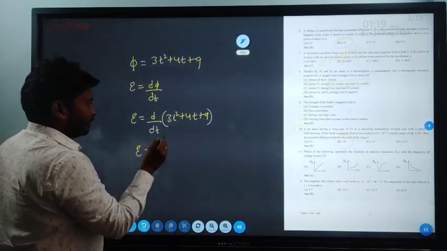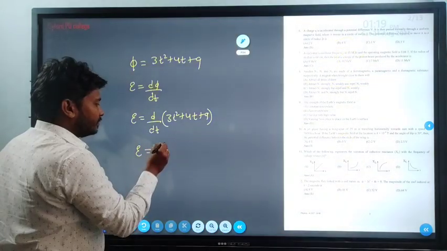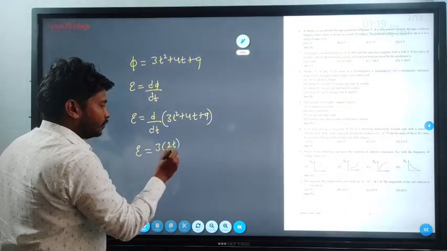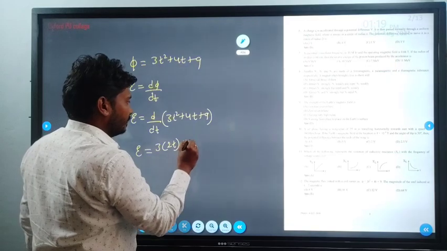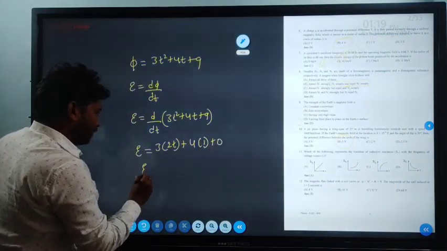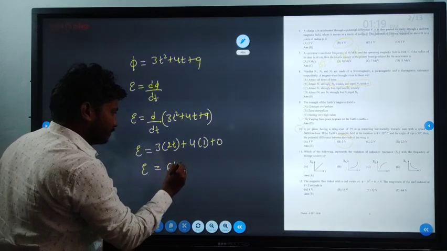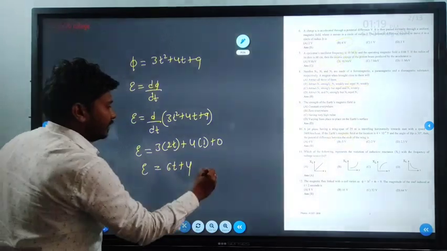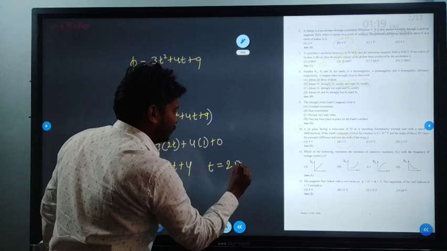E, which is equal to, so 3t square, differentiation of t square is 2t, differentiation of t is 1, this is 0. EMF E, which is equal to 6t plus 4, and they mention t is equal to 2 second.